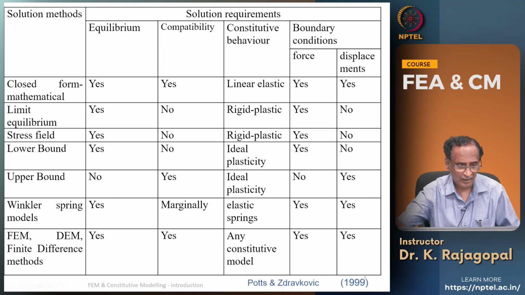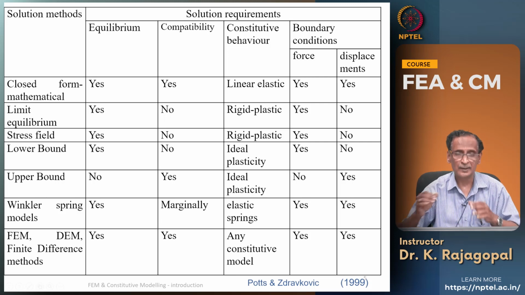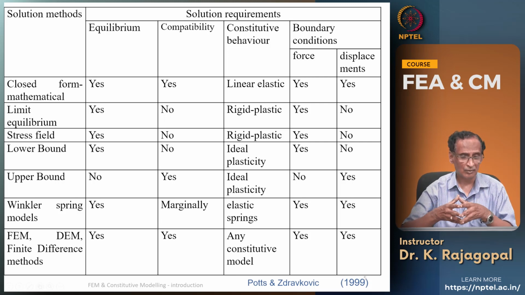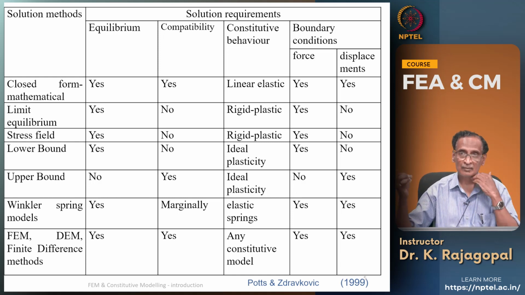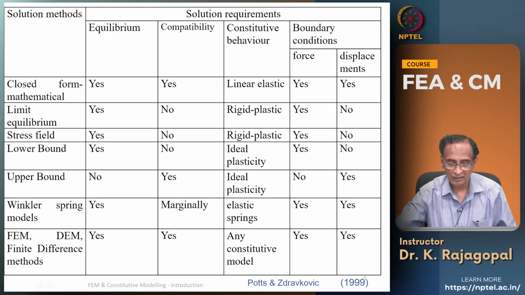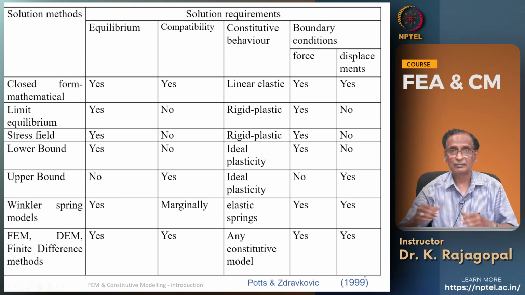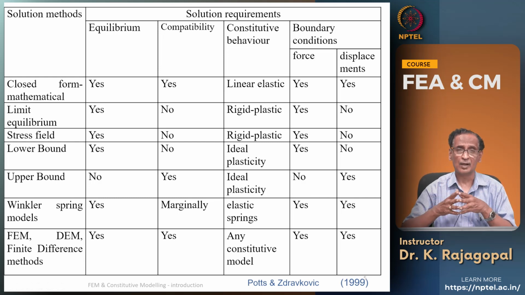Then we have other numerical methods like the finite element method, the discrete element method, and boundary element and finite difference methods, and we can satisfy all types of equilibrium equations, compatibility, boundary conditions, force conditions, and even time varying boundaries or time varying forces. And we can also satisfy any type of constitutive model.